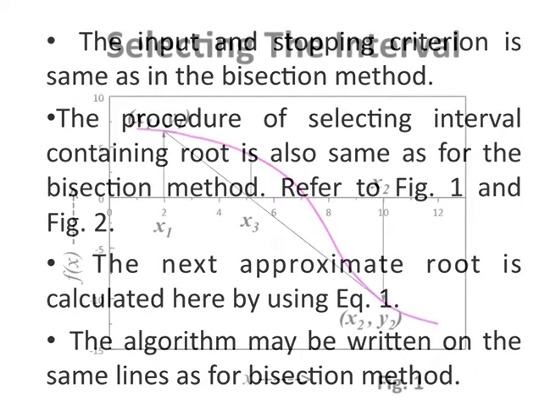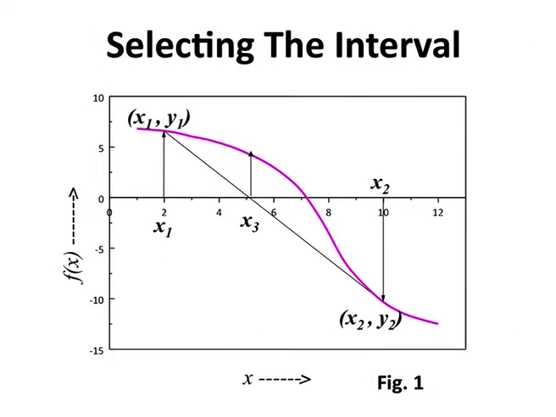You can see in figure 1, we have the points x1 y1 and x2 y2. We draw a line passing through these 2 points. The line is crossing the x axis at x3, and you can see now the interval of our interest will be x3 x2.